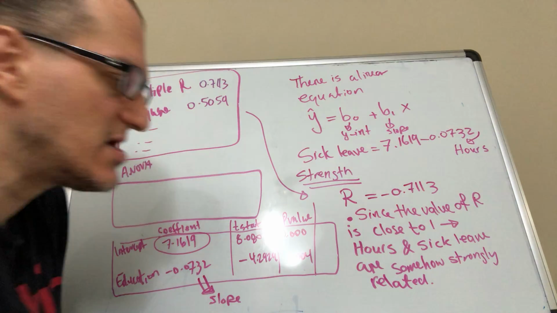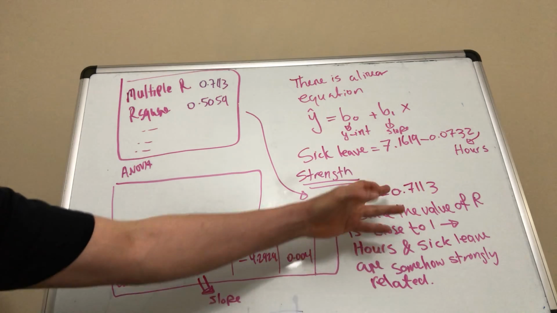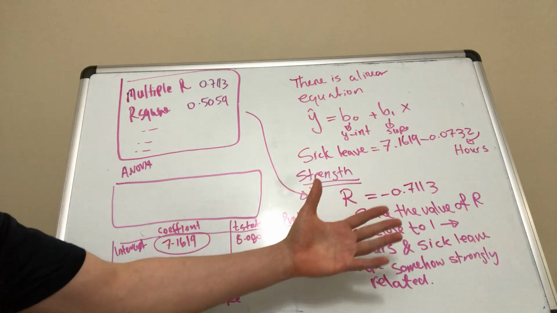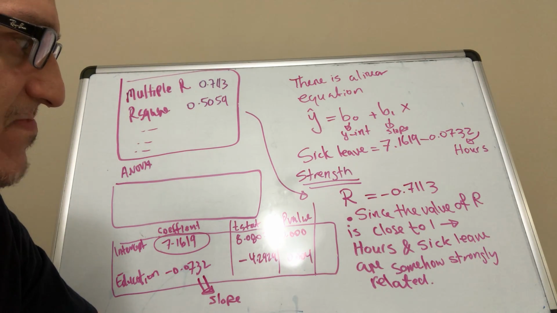I don't want you to say that they are strongly related or very strongly related. Say somehow, because if it's a 0.8 or a 0.9, you would probably use a stronger language.